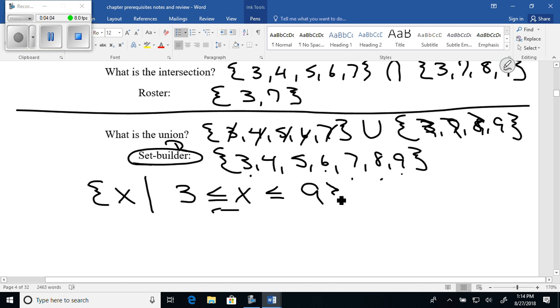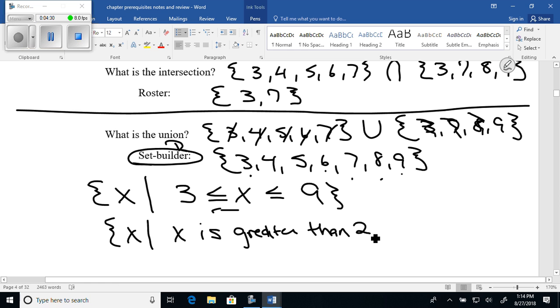What I normally see is something like this. We would start to set X such that X is greater than 2, because it's not equal to, so what's greater than 2 and less than 10?